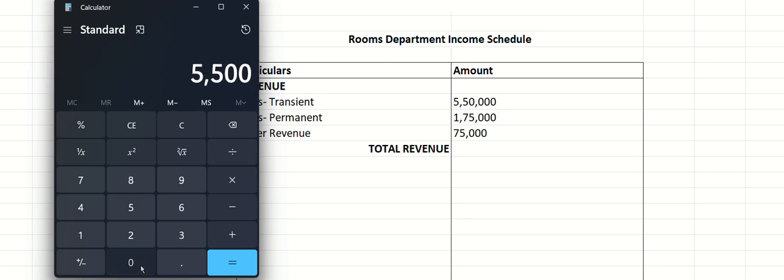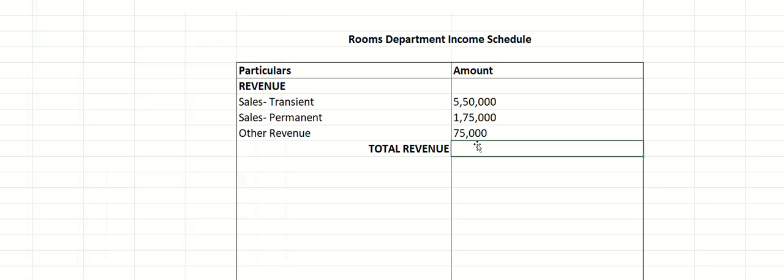Find the sum 5,50,000 plus 1,75,000 plus 75,000. The answer is 8 lakh. So our total revenue here is 8 lakh. After finding the total revenue, better draw a line under that.